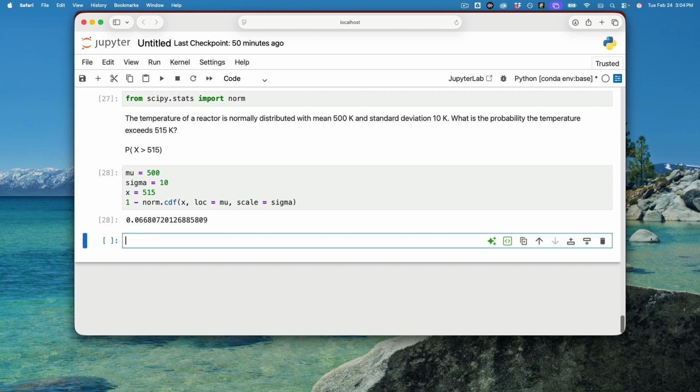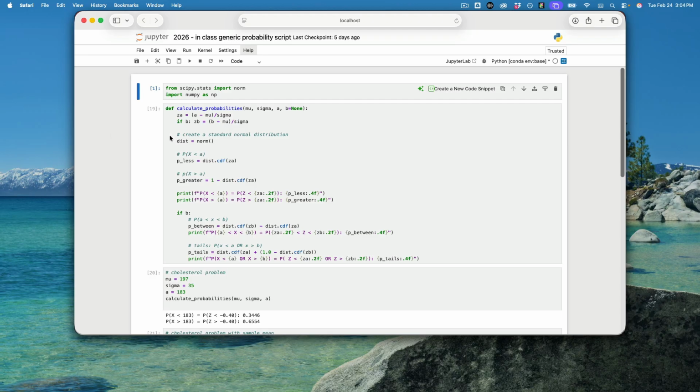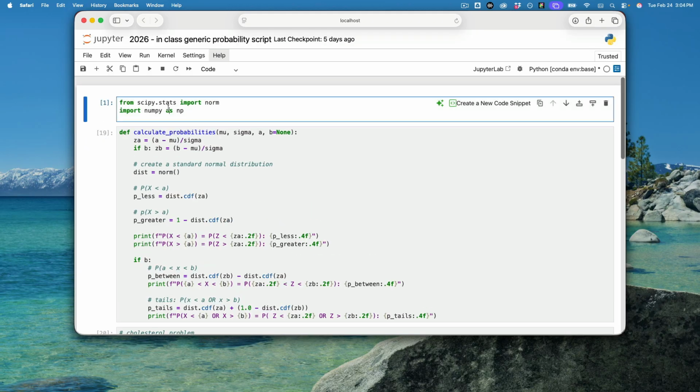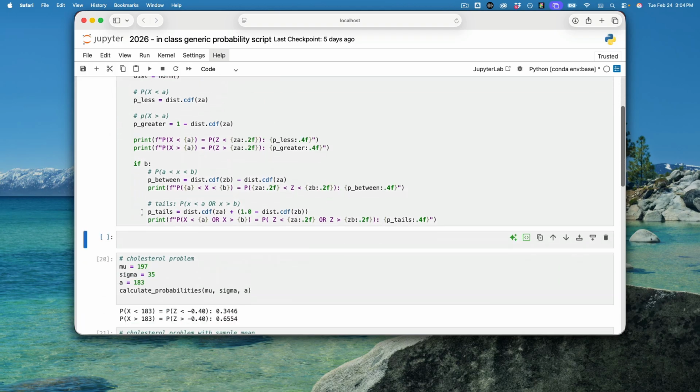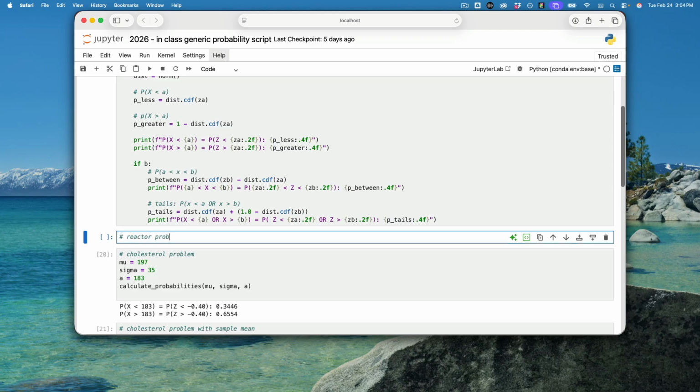And then you get 6.7%. I want to try my generic script that we built in class. We did this last week, so let me import it again. I'm going to put reactor problem.